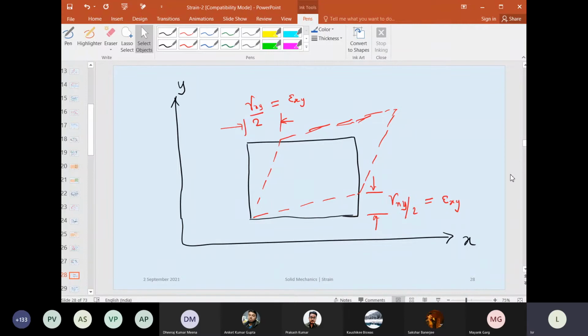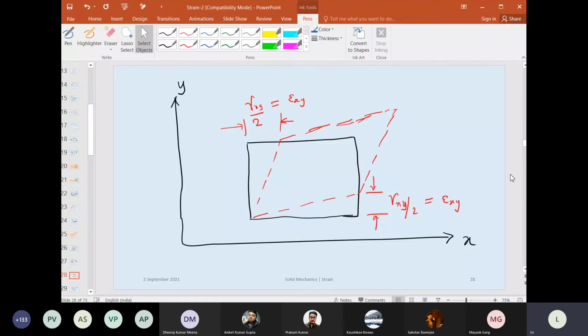Now this tensor strain is known as the pure strain quantity or the irrotational shear, because by rotation you cannot obtain one from the other. Okay.